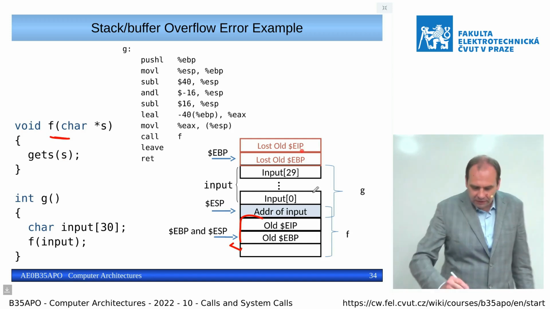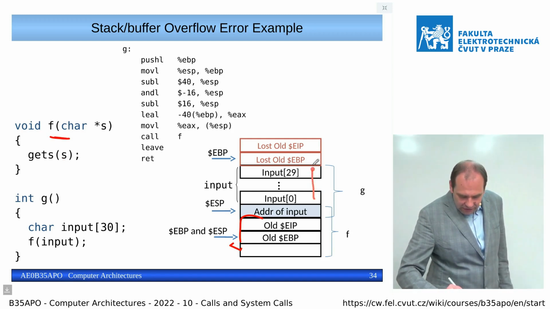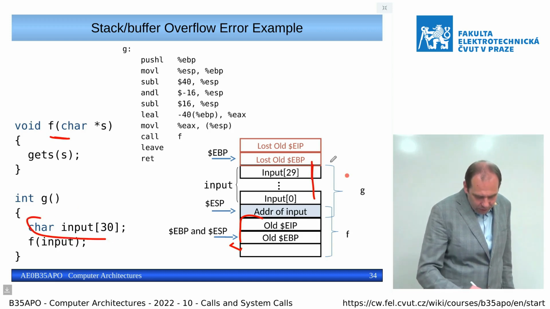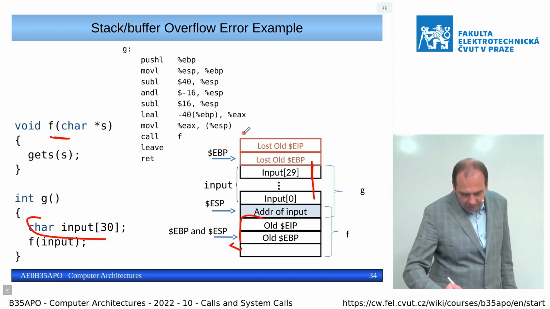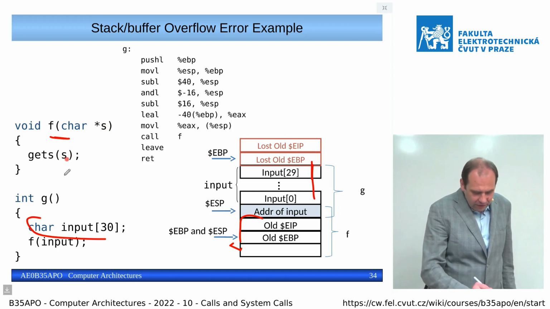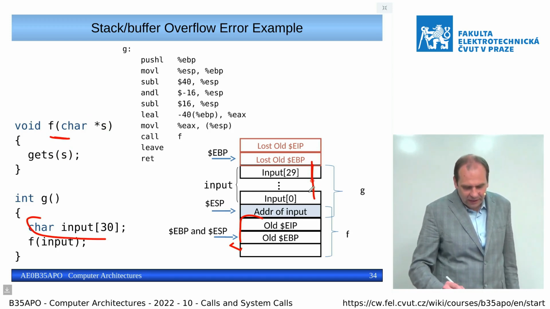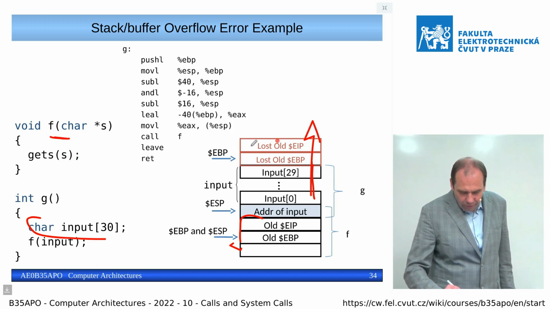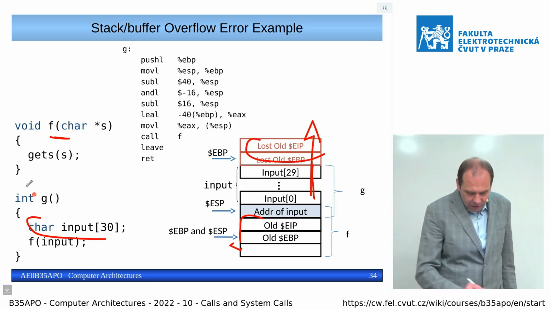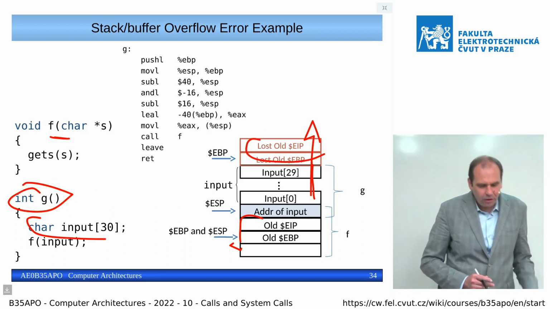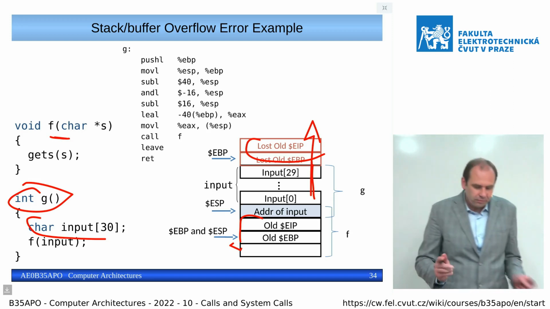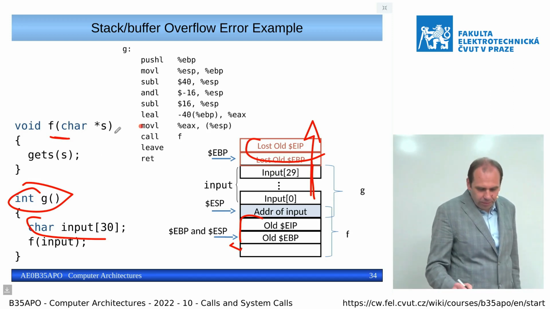And what happens? This data is stored onto the stack frame of function g, but because there is no limit on how many characters can be accepted, you overwrite the previous values of the stack frame of function g. So everything looks without a problem till you return to function g.